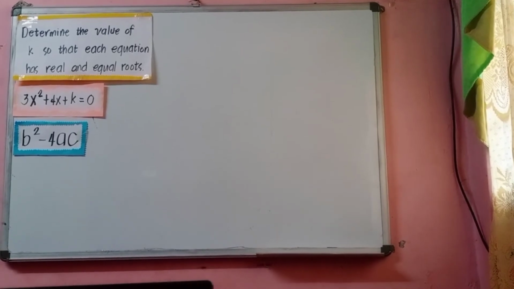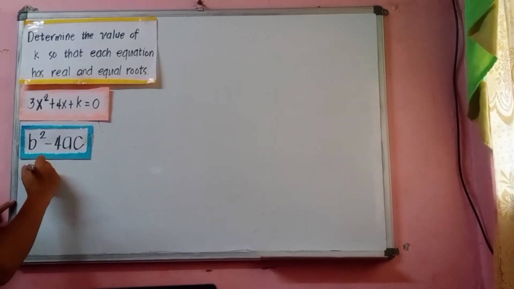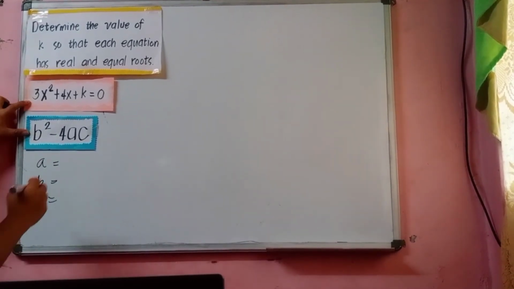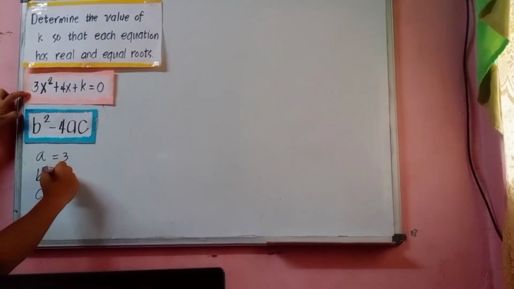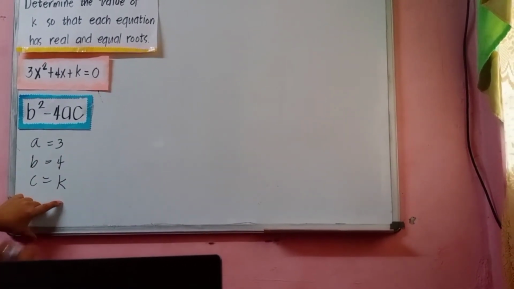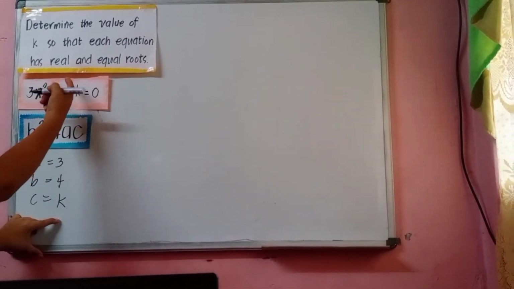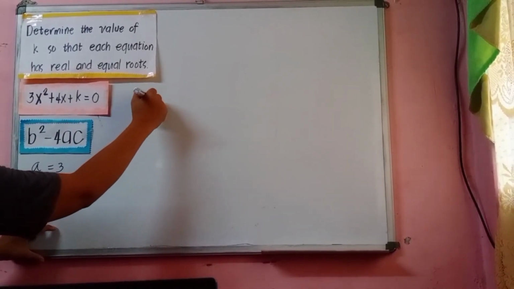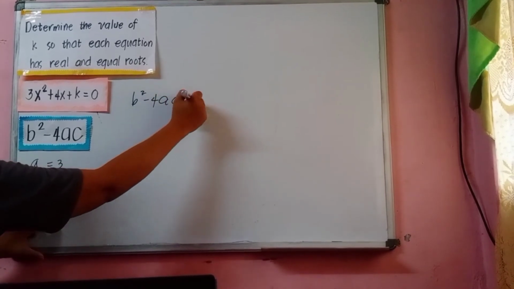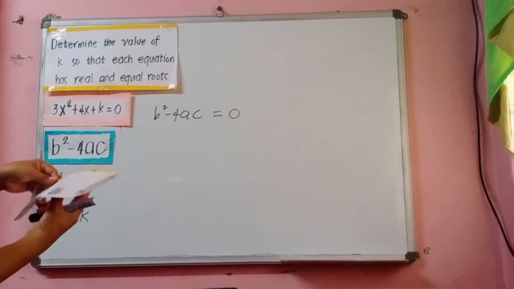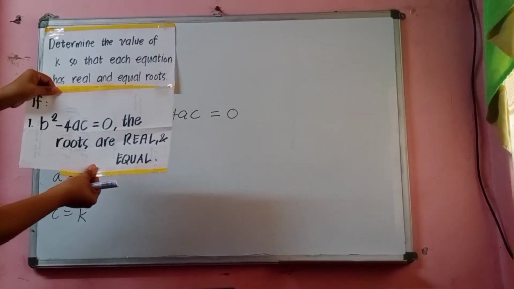But of course, first, we have to identify values of a, b, and c according to the given. Here we have a is 3, b is 4, while c is k. How do we solve for k? For this to have real and equal roots, this b squared minus 4ac value must be equal to 0 because that is the condition given.